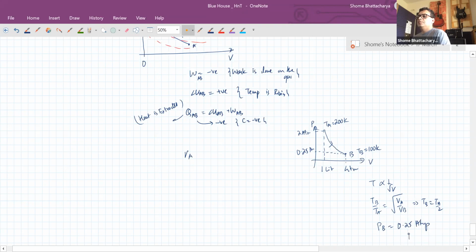You can use this relation, PAVA, or you can use the other one. For QAB, you can just use the formula n C delta T.